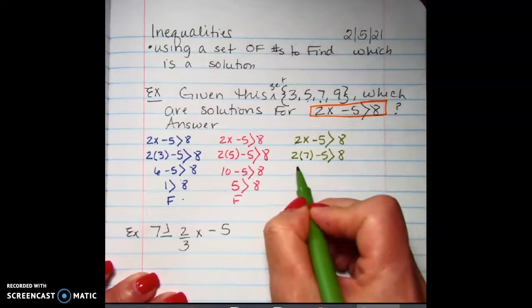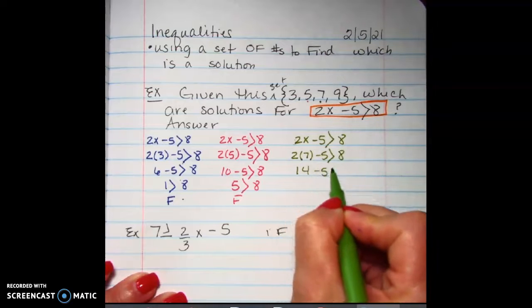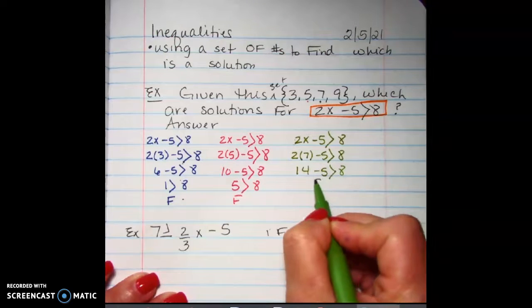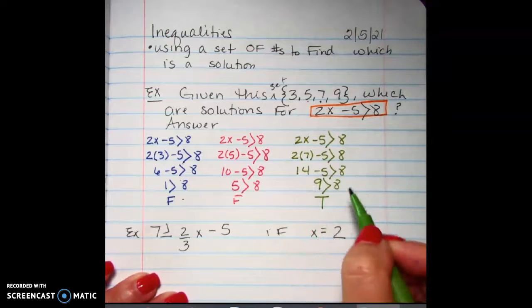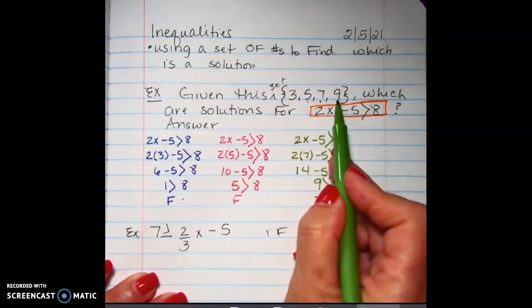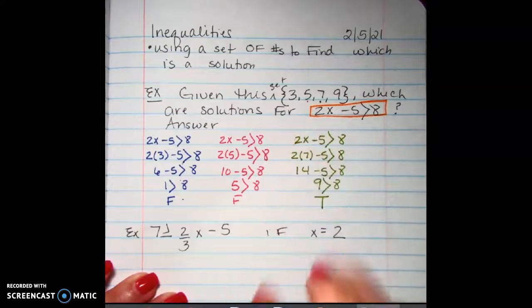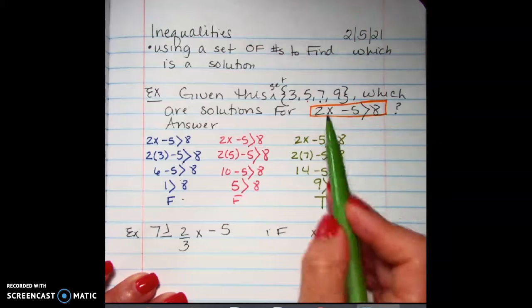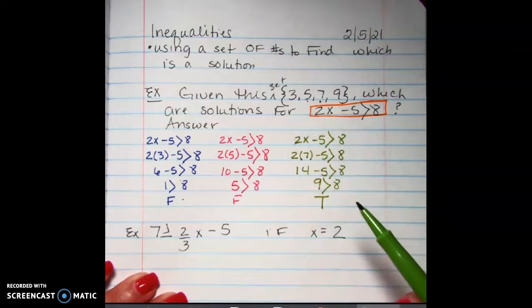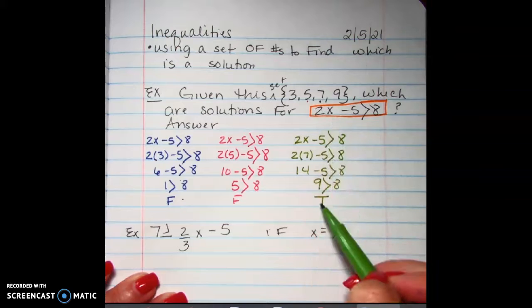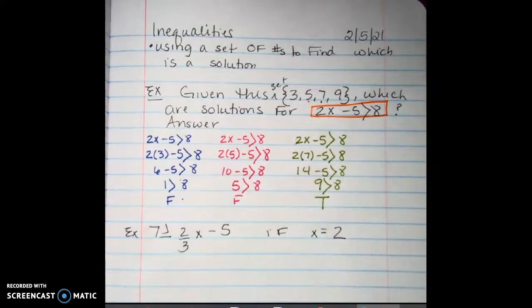So I end up with 14 minus 5 is greater than 8. 9 is greater than 8, and that, my friends, is true. But here's a question for you. Do I need to even work out that problem with the number 9? Well, no, because if 7, when I plug it in, is going to be greater, then I know 9 and any number after that would be.